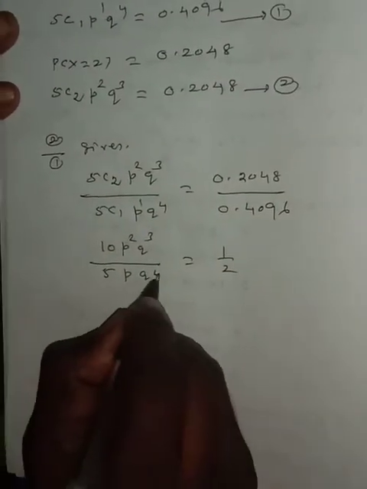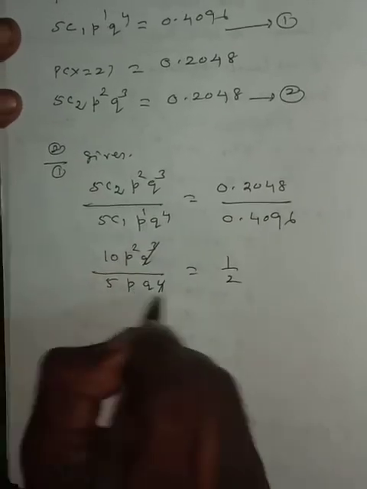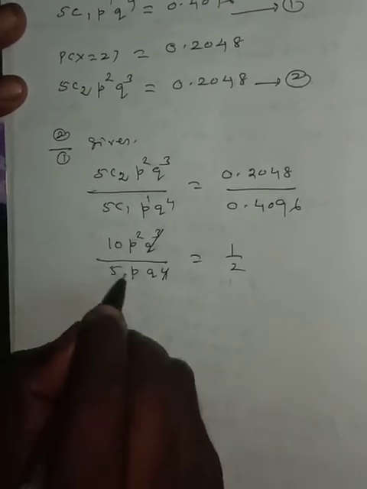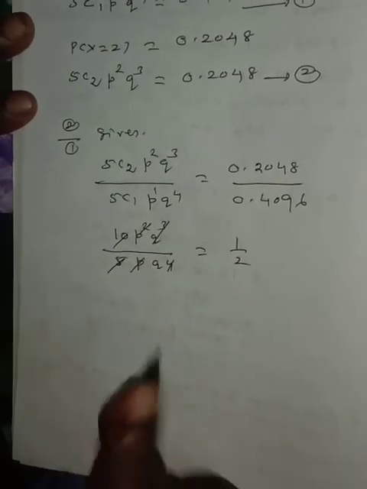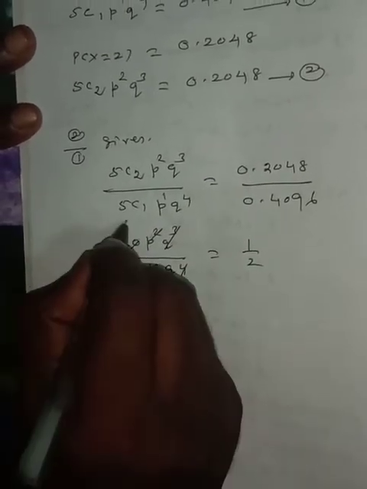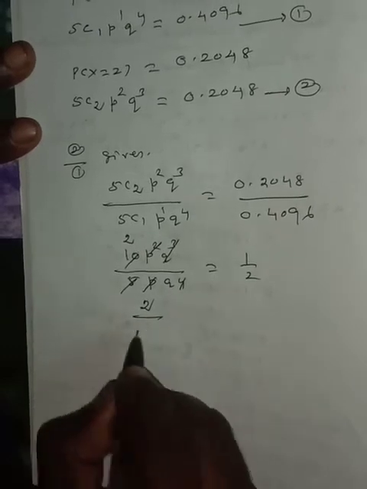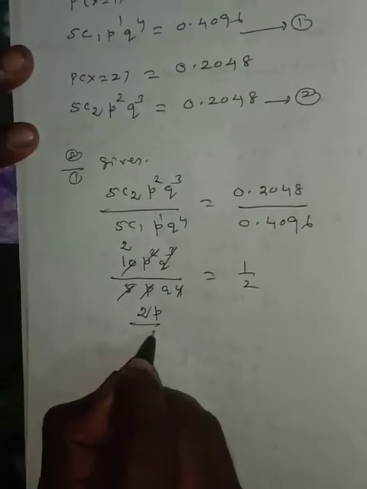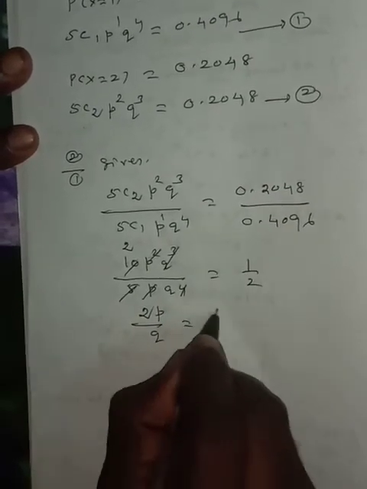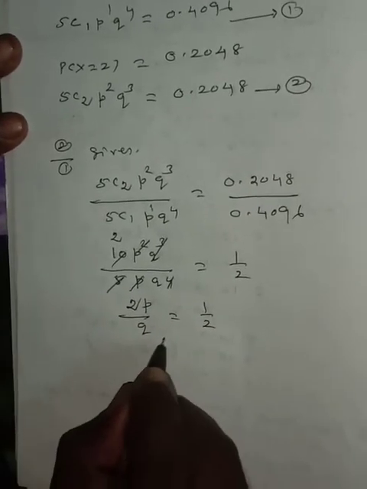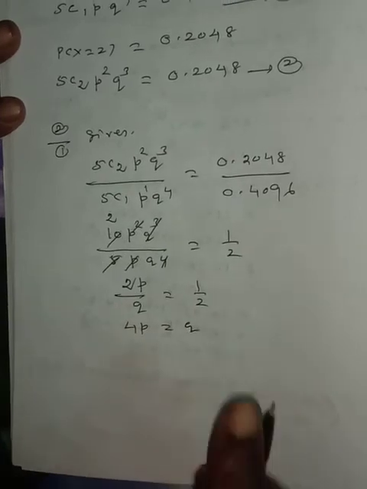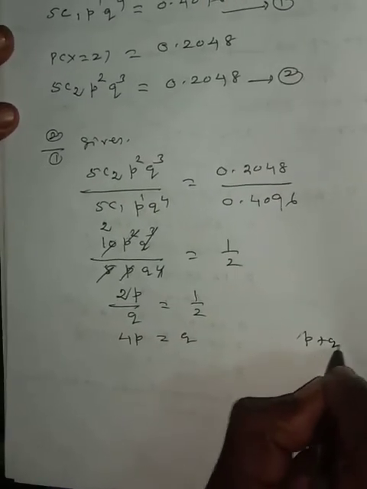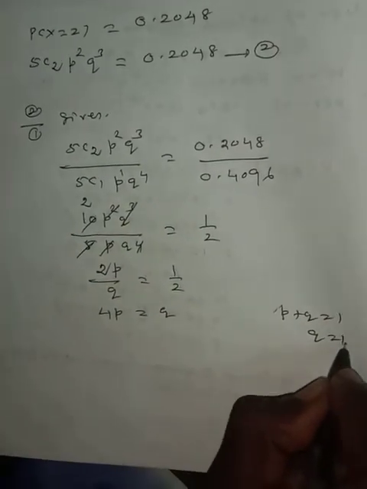Now q to the power of 3 and 4 cancel, p cancels, and 2p divided by q is equal to 1 by 2. Cross multiplying, 4p is equal to q. But we know that p plus q is equal to 1, so q is equal to 1 minus p.